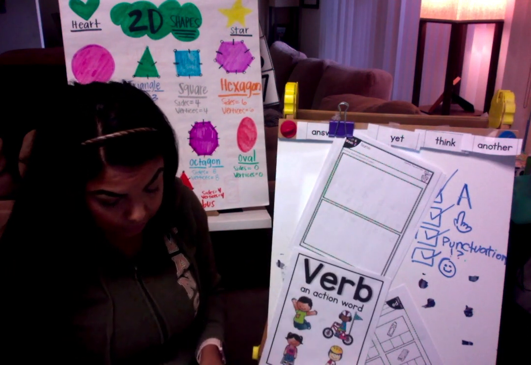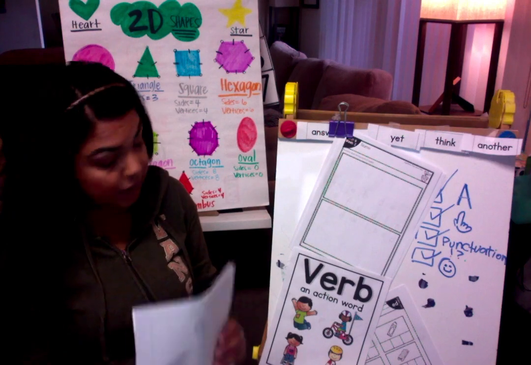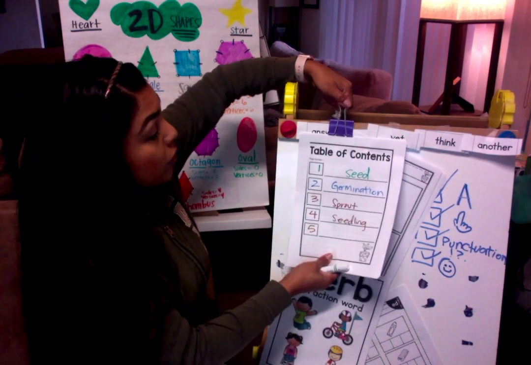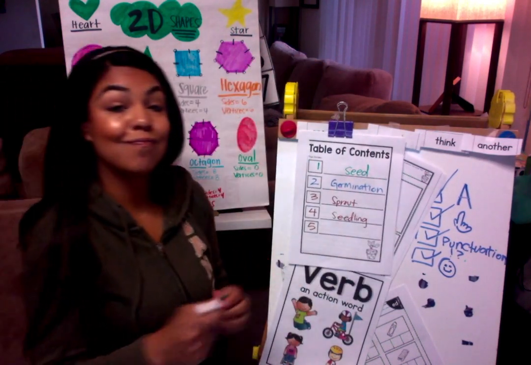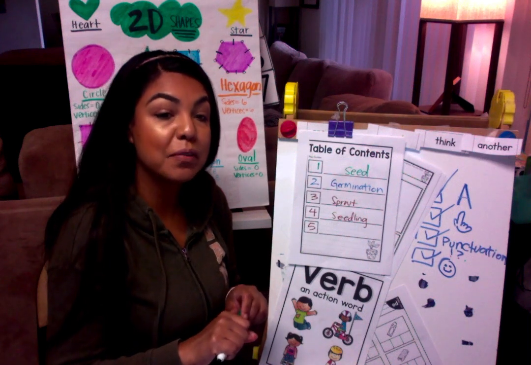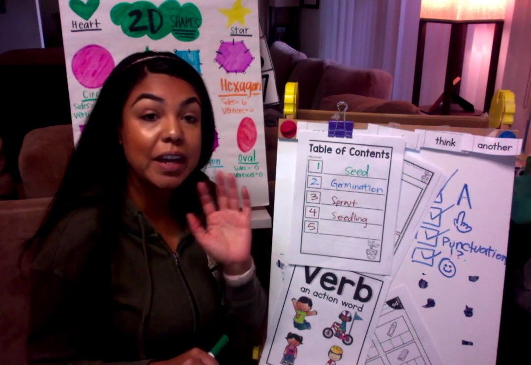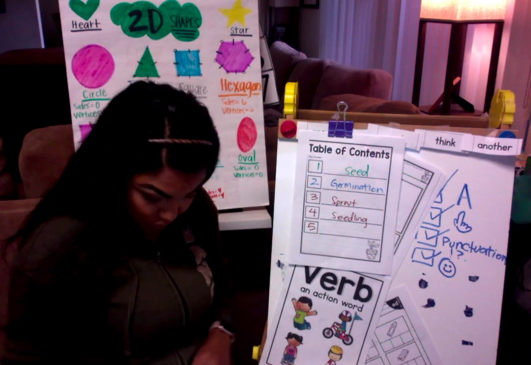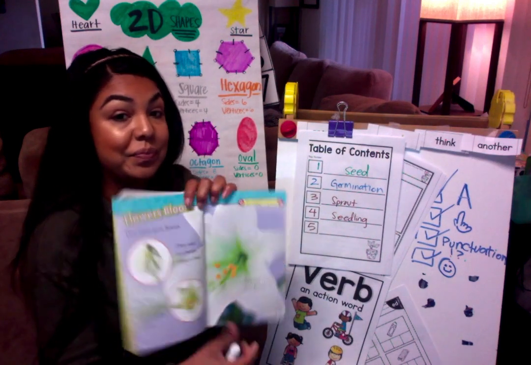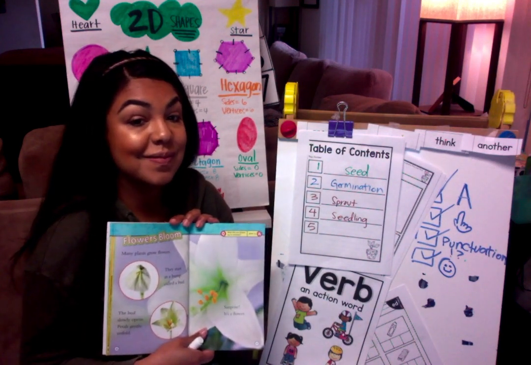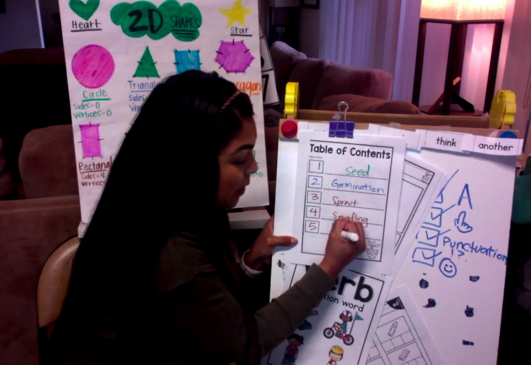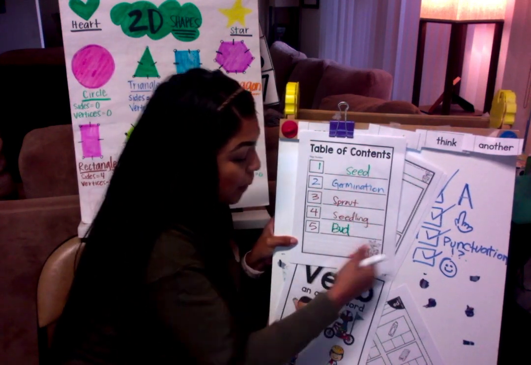But before I staple my book together, what do I have to do here? Yeah, step number 5. What did I talk about in step number 5? Good. A bud. So step number 5, I'm going to write the word bud.